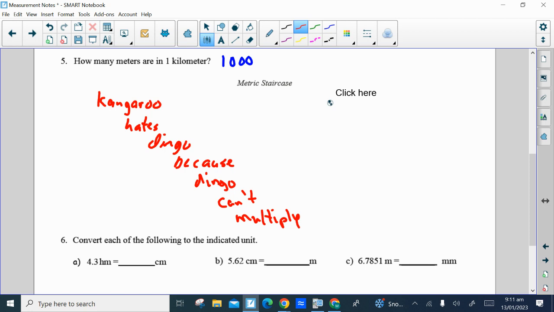So this is an acronym that can be used, known as the metric staircase, to help us remember how the different units in the metric system are related to each other.